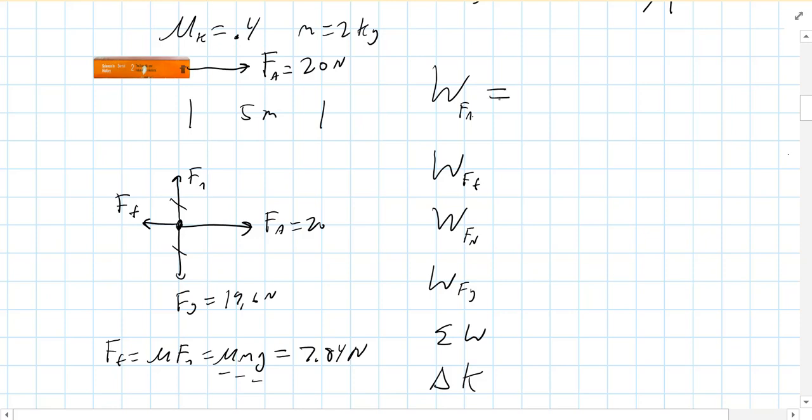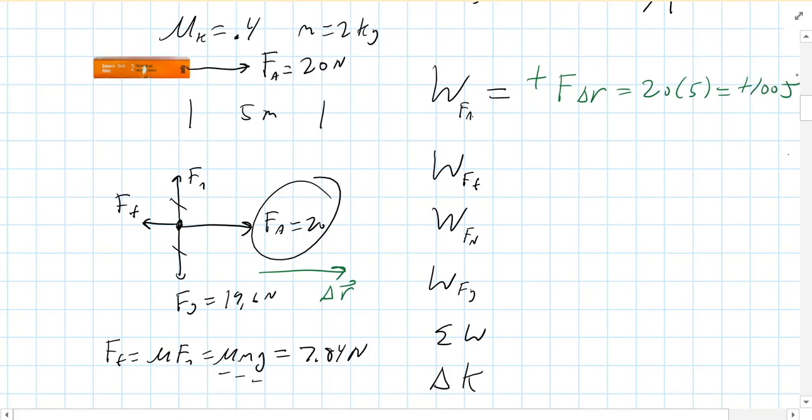All right, work done by the applied force. That's this guy here. Well, remember, delta R is to the right. That's which way the book moved. So is that going to be positive, negative, or zero? Well, it's positive. And then we're going to take force times delta R, which is 20 times 5, and it's positive 100 joules.